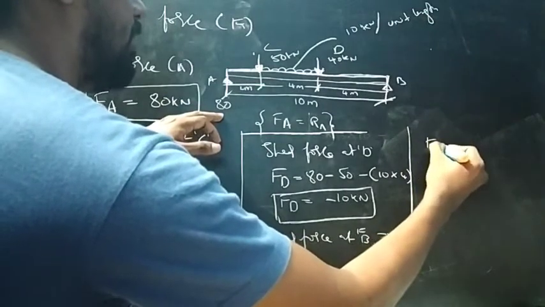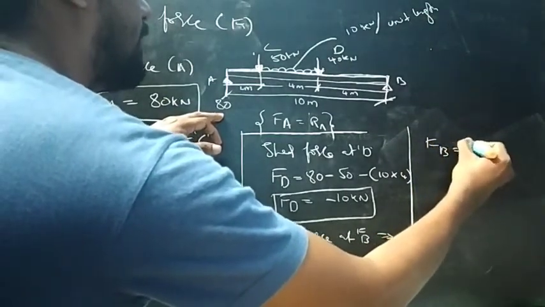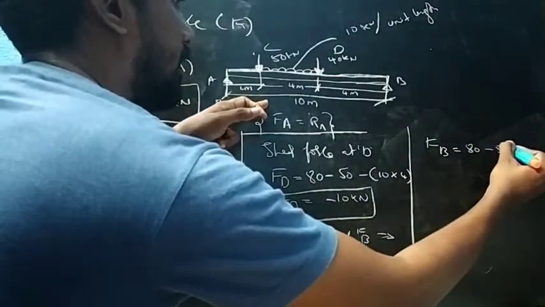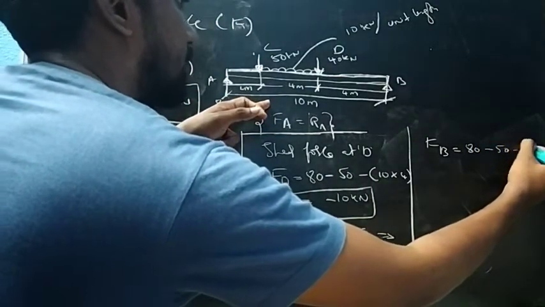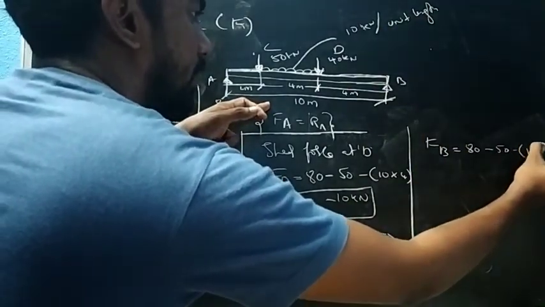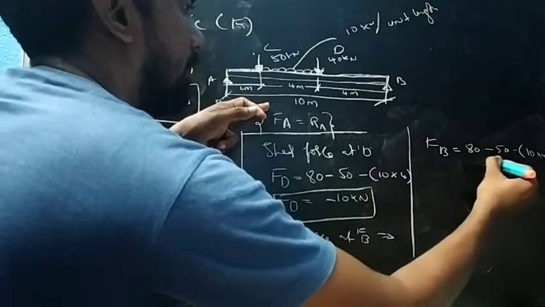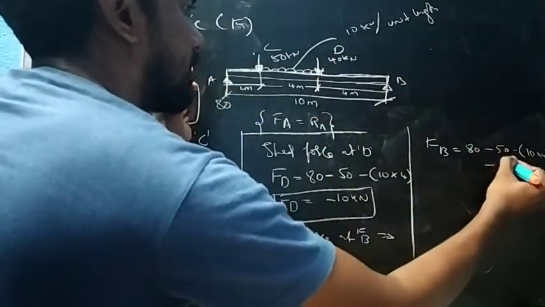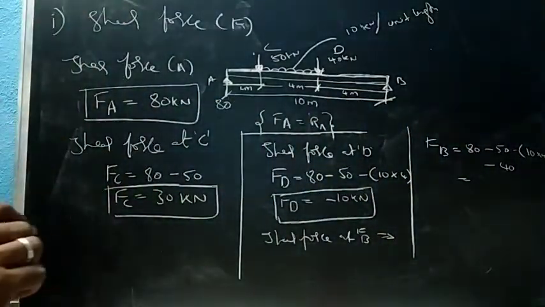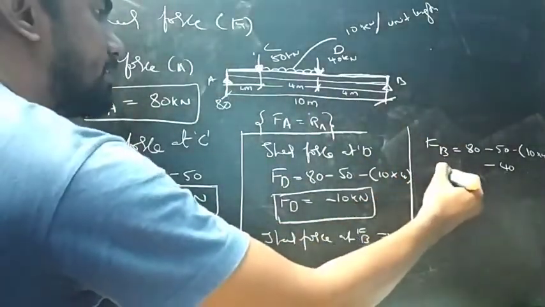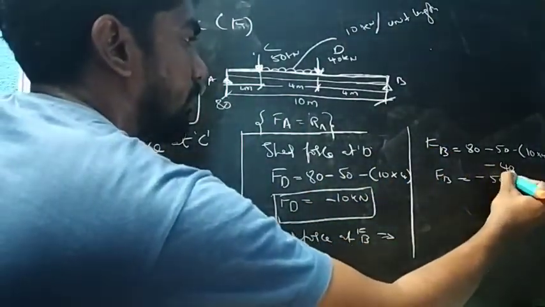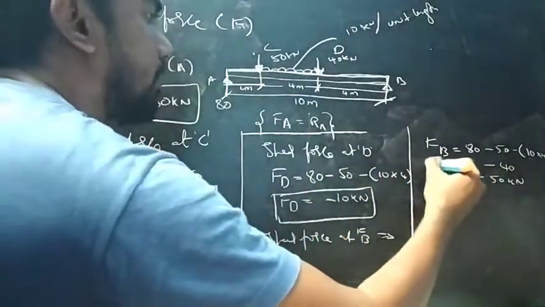So I will write FB equals to 80, right, minus 50 minus uniformly distributed load, that is 10 into 4, and minus 40 at D, that is 40, right? So shear force at B, that is FB, we got minus 50 kilonewton, minus 50 kilonewton.